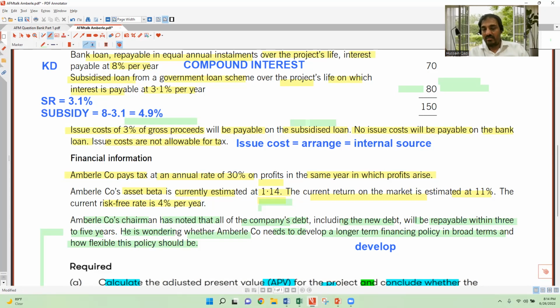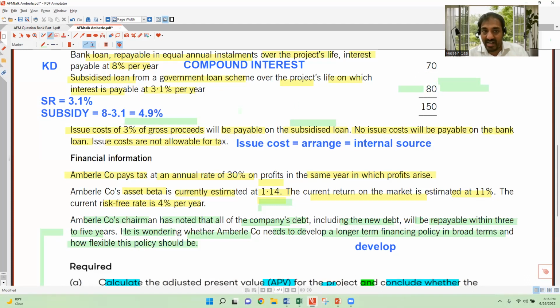And very importantly, I have assumed that issue cost is not part of the external source of finance, it's internal source of finance. That's why the gross amount of the subsidized loan is 80.